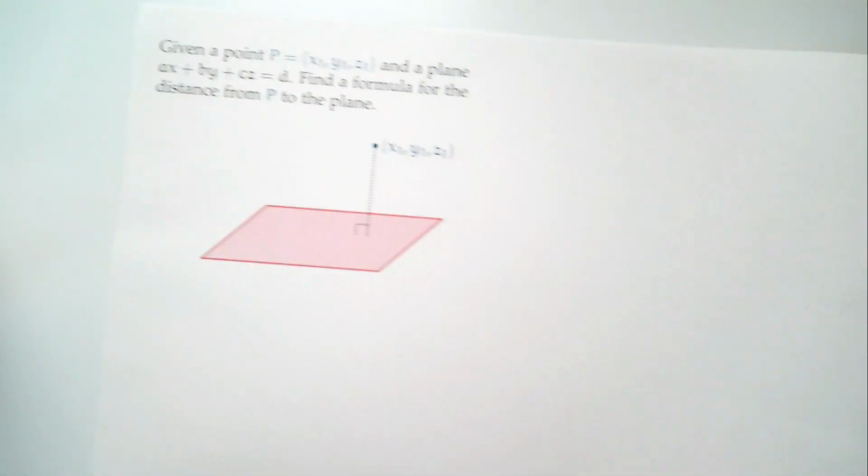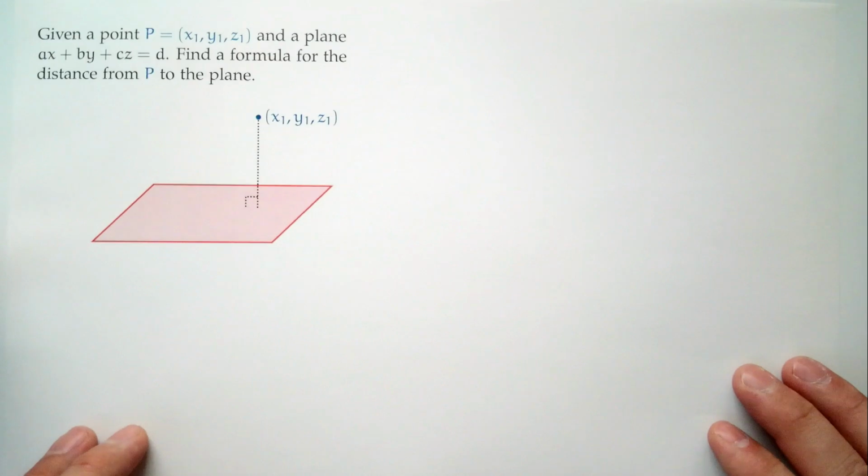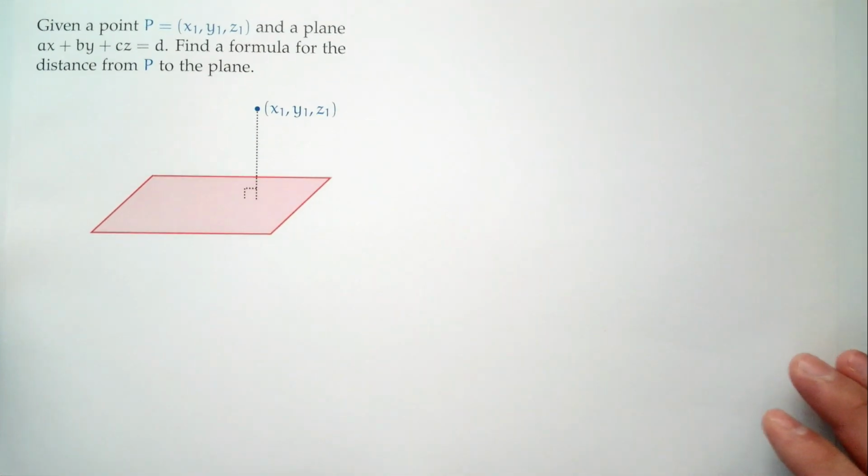All right. So let's try another problem. Okay. So let's suppose we're given a point P, some point, and a plane ax plus by plus cz equals d. Find a formula for the distance from P to the plane.